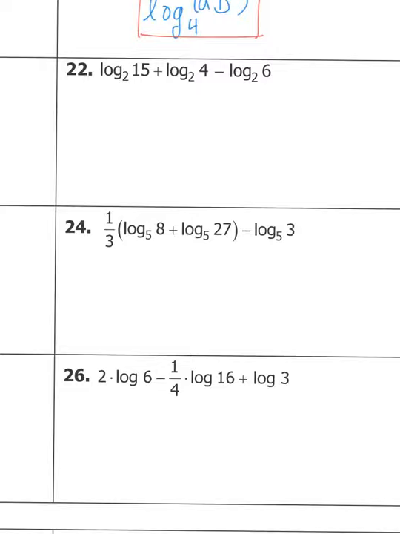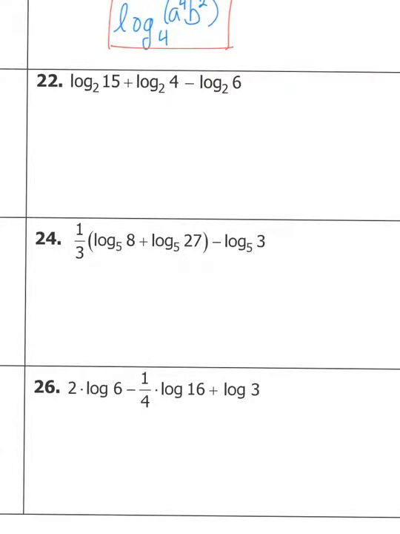Then for 22, we have to go in order of operations left to right. So I've got to compress these first. So because it's addition, we're going to multiply. That's multiply. Then minus log base 2 of 6.